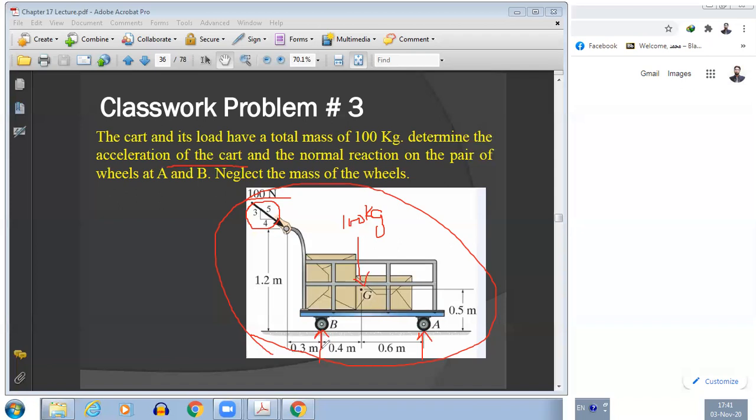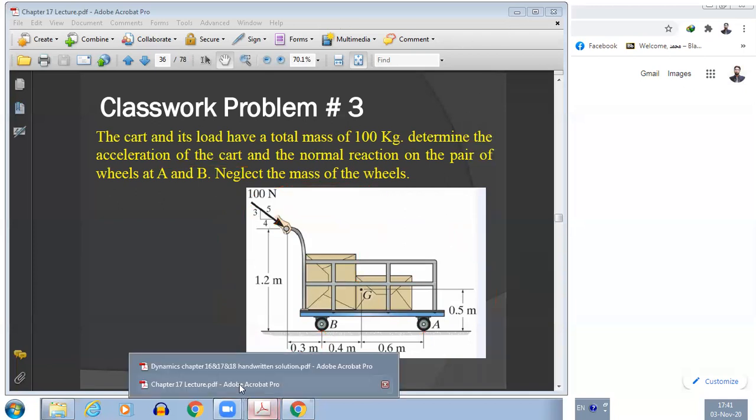Wheel B is at 0.3 distance. Between wheel B and wheel A, it's 0.4 and 0.6. And the center of gravity of this object from the floor is 0.5 meter. Anyways, all the dimensions are provided here. We need to find these things. So let's see the solution of the problem.